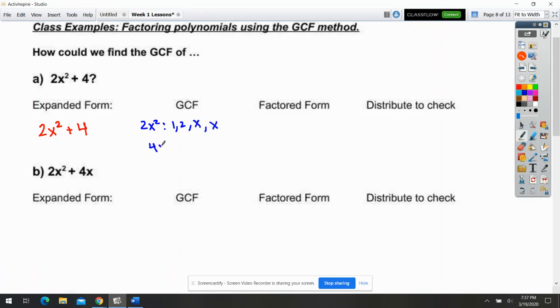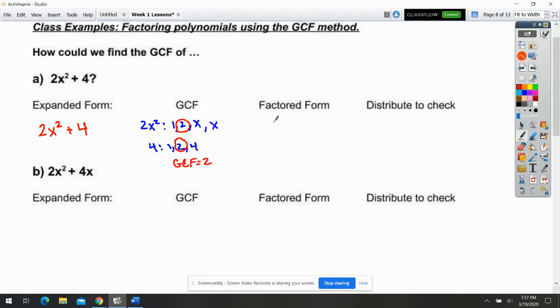And the factors of 4 are 1, 2, and 4. So what is the greatest common factor? Well, 2 is the highest number that goes into both, and the 4 doesn't contain any x's, so we can't factor out an x. So our GCF would just be 2.